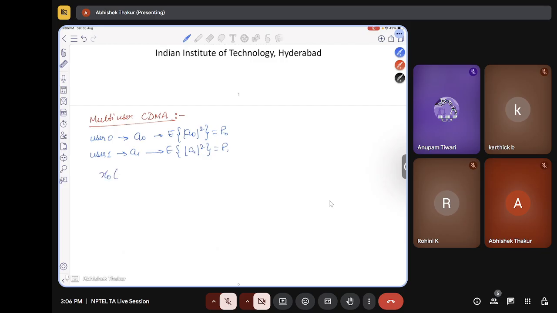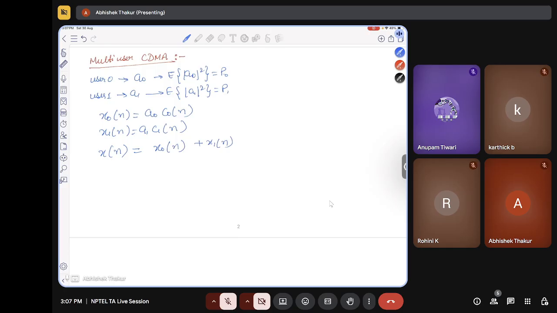The transmitted symbol X0[n] will be A0 C0[n], and X1[n] will be A1 C1[n]. C0[n] and C1[n] are the codes, which are orthogonal to each other. The complete transmitted symbol is X[n], that is X0[n] plus X1[n]. The transmitter at the base station transmits X[n] for user 0 and user 1.